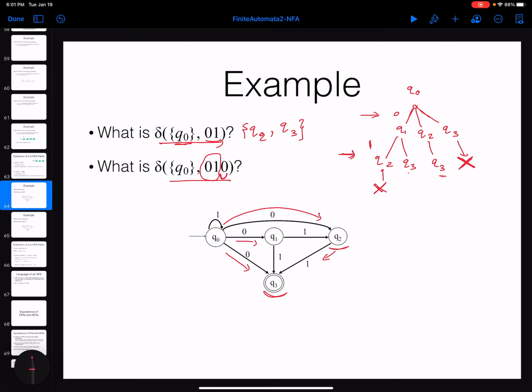There is no transition over Q3 and 0, so this one is going to crash. And the same for the other Q3. So if you see another 0, the answer to this question is the empty set. This string is going to be rejected, as the machine cannot continue after this point if you started from Q0.